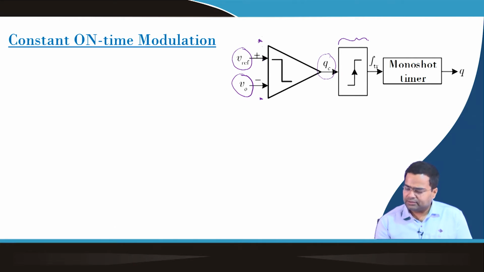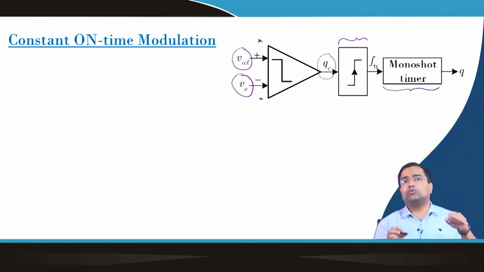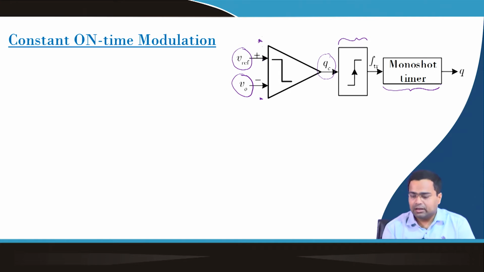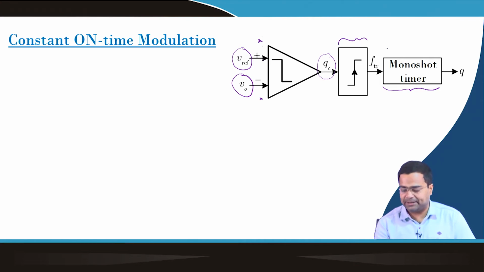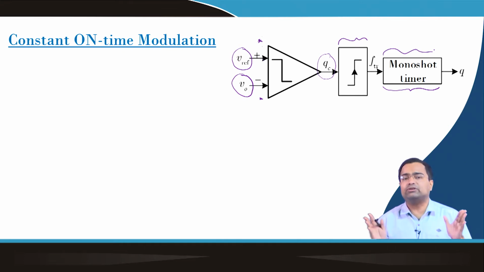Then this positive edge is going to trigger the monoshot timer, that is, a monostable multivibrator. It is normally off; whenever it receives a positive edge trigger signal, it starts counting because it has a preset on time value. It remains active as long as the timer has not finished counting.